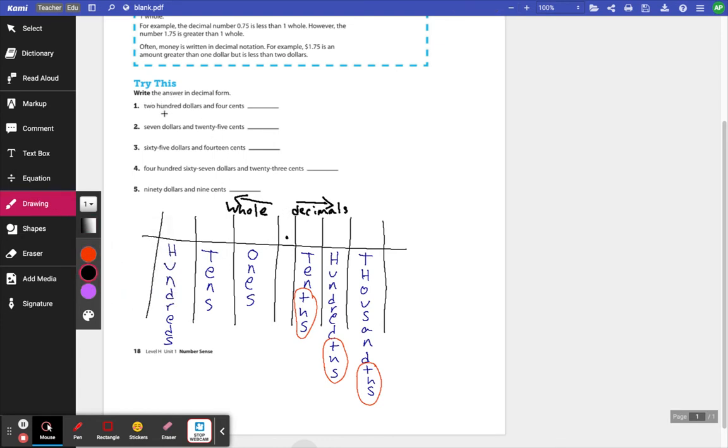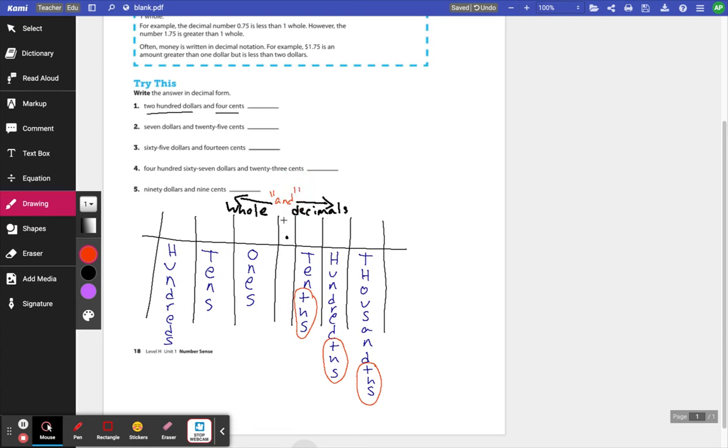So we're going to try this: $200.04. If we want to put this into our place value chart, we need to understand where these numbers are on the place value chart. Also, something I forgot to mention is that this decimal place is said as the word and.